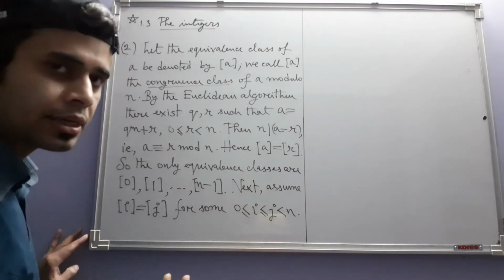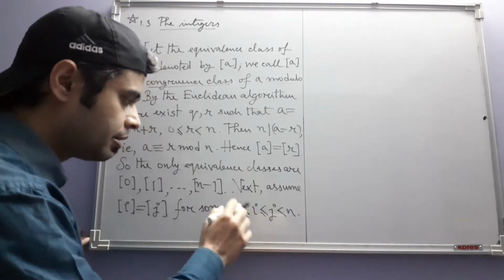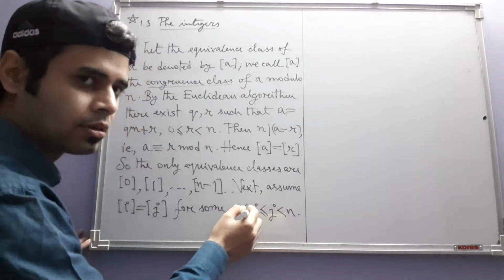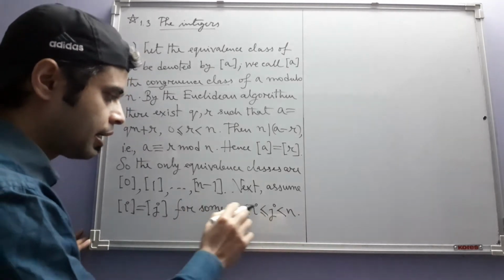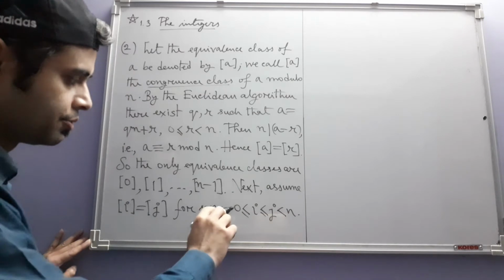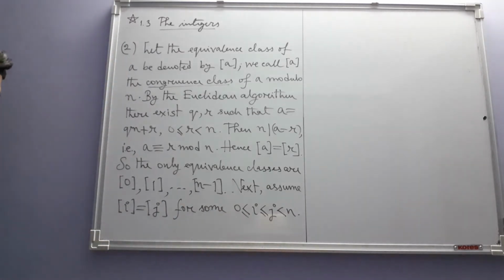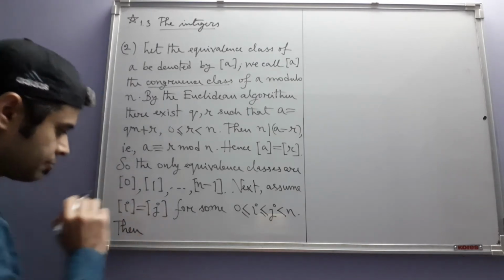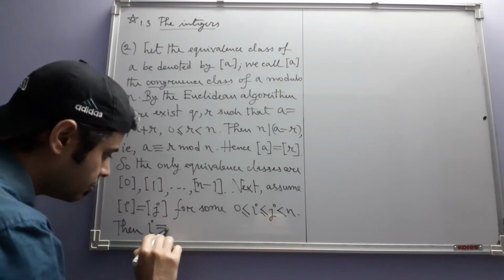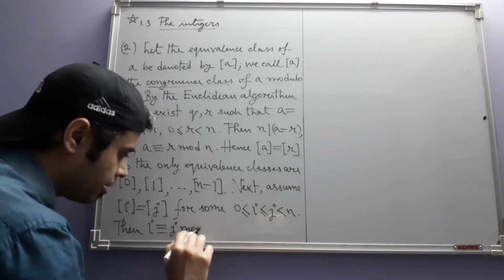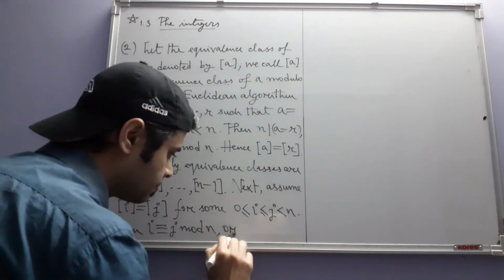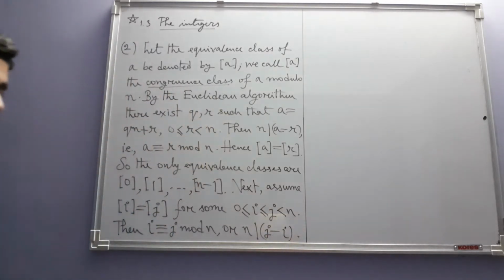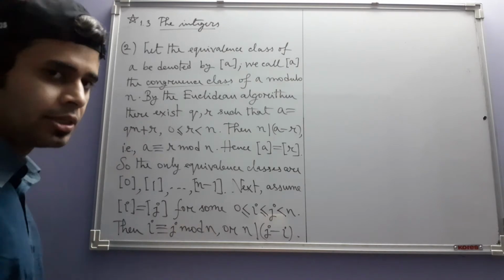Now given arbitrary such i and j, one of them is definitely greater than or equal to the other. So without loss of generality, we have assumed j to be at least as big as i, and both of them are less than n and both of them are greater than or equal to 0. So what does this tell me? Then i is congruent to j mod n, or n divides j minus i. Okay, so that's the meaning of this congruence.